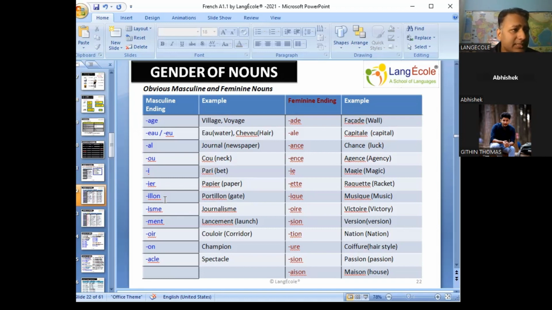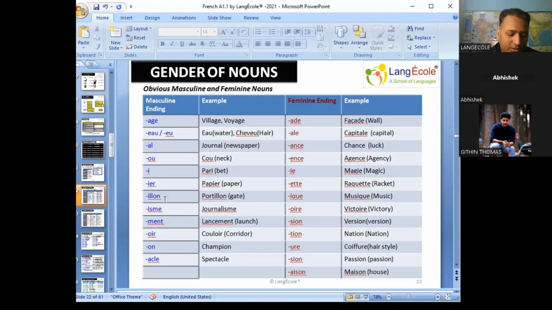Similarly, more words, like lancement. All these MENT ending words, when translated into English, you'll find some of them are LY endings: socially, socialement, politically, politicalement. No, not that, maintenance, sorry.